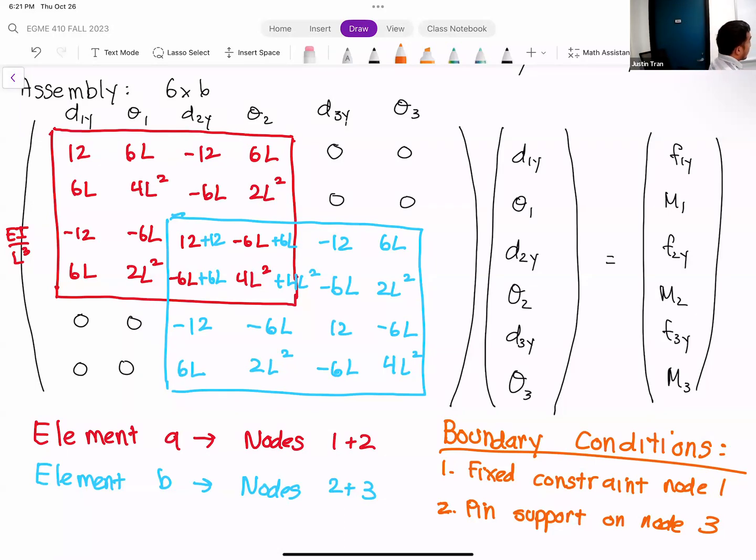Let's go ahead and apply these. For a fixed constraint on node 1, that means both its translational degree of freedom, which is d1y, and its rotational degree of freedom, theta 1, are going to be 0. That's going to knock out the first 2 rows of our matrix here.